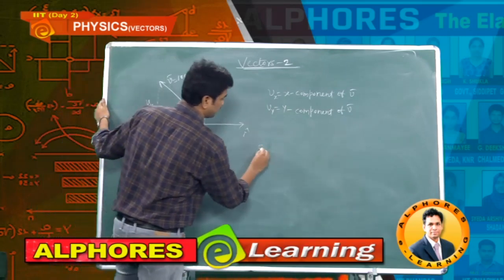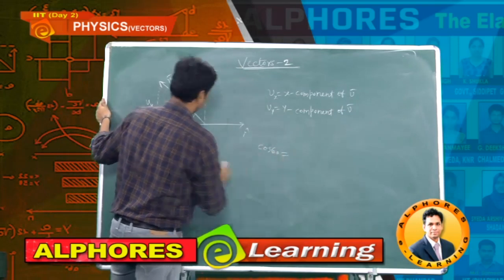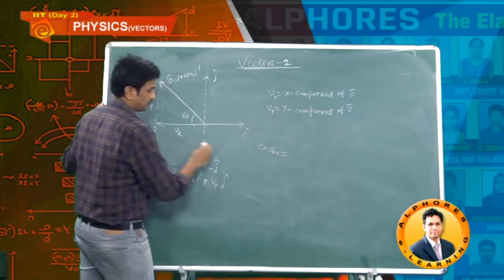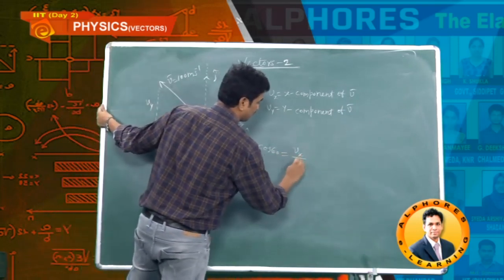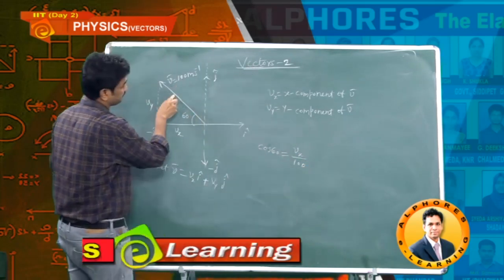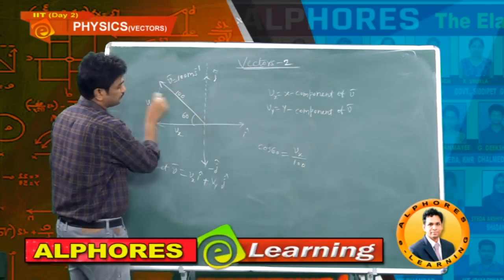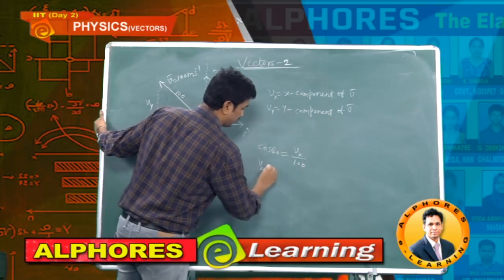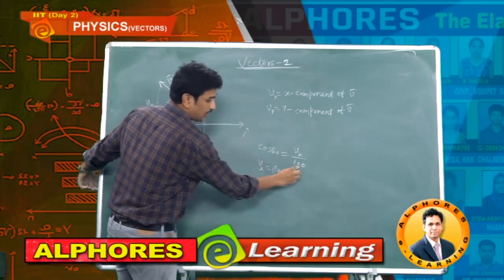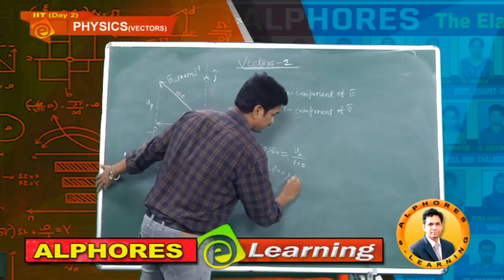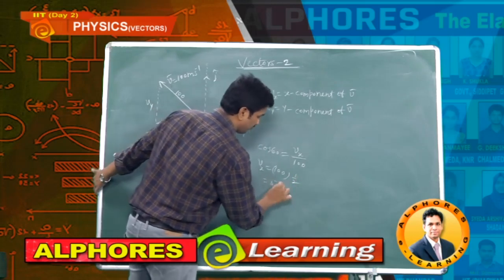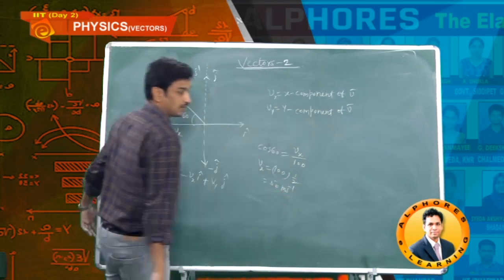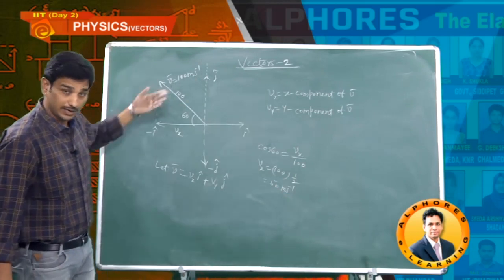Cos 60 is adjacent side by hypotenuse, Vx by, what is the hypotenuse? 100. So Vx is equal to 100 cos 60. What is cos 60? 1 by 2. So 50 meter per second is the x component of the given velocity 100.